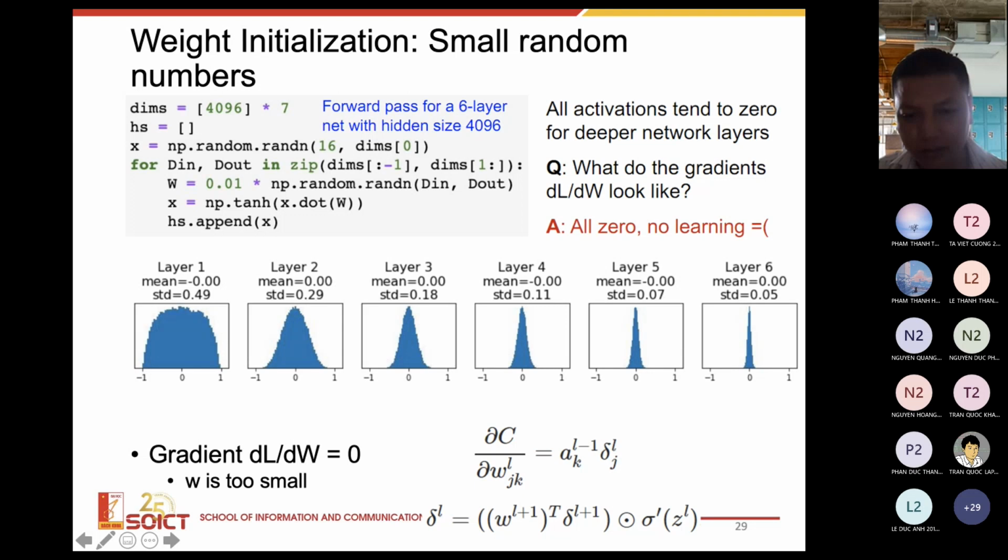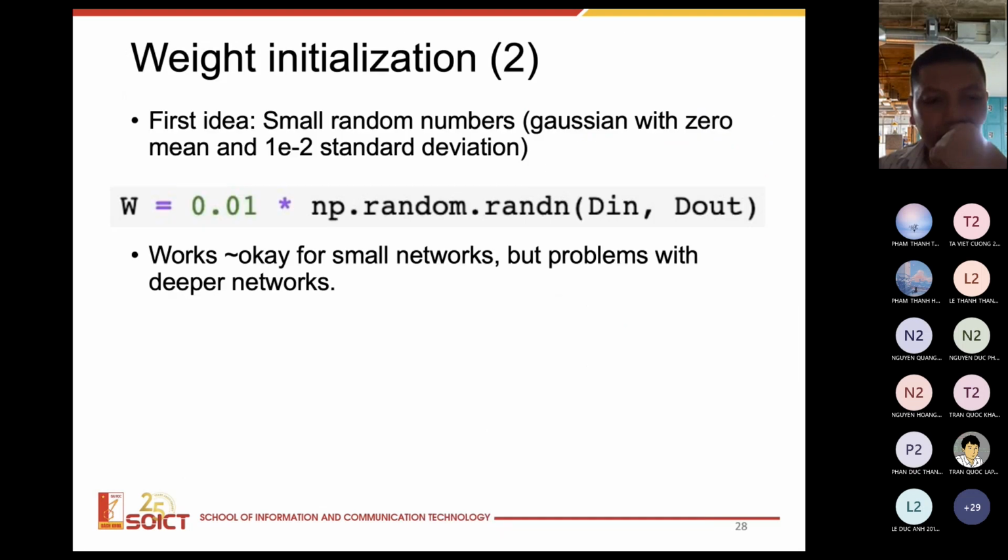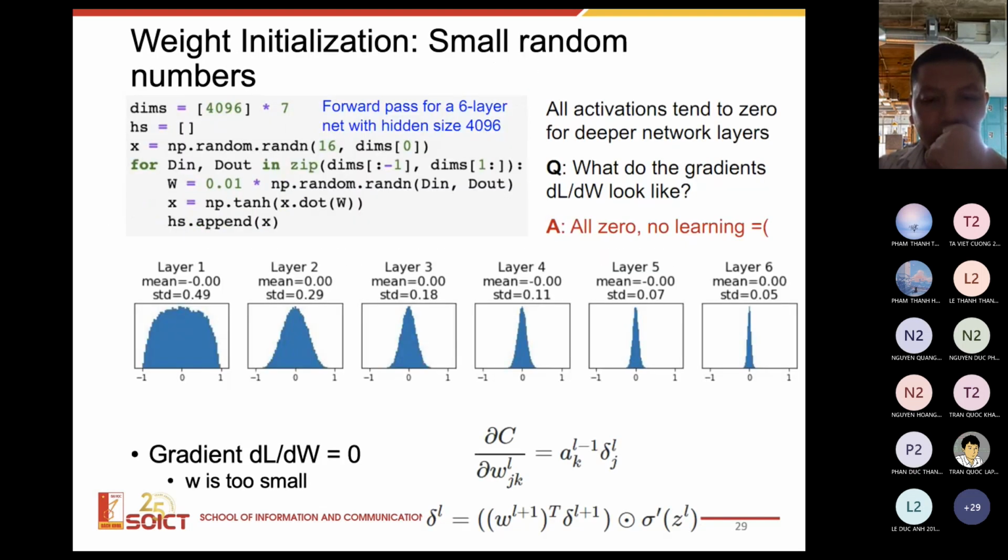This is the loss here, and this is the learning rate, alpha.